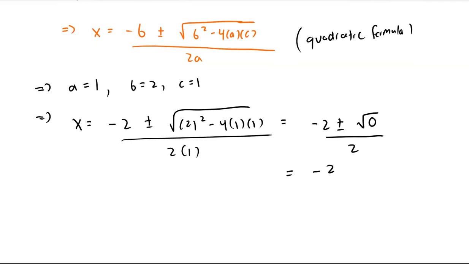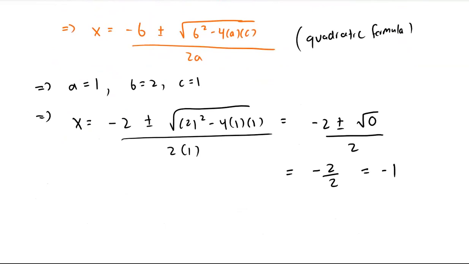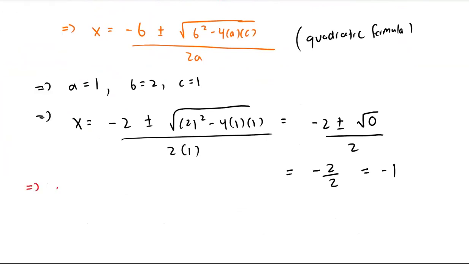So we get negative 2 divided by 2, and that's equal to negative 1. So what x values make x squared plus 2x plus 1 equal to 0? Precisely x equals negative 1.